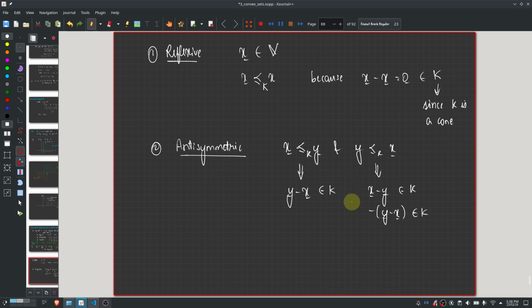But can both of these belong to the cone? In general, yes, but we've assumed that the cone is pointed, right? Which means that for a proper cone, it has to be pointed, which means that if you have a non-negative vector, then the additive inverse of that cannot belong to the cone.